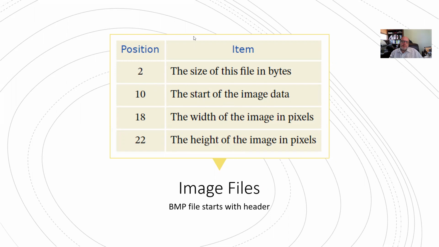So if I think about it as a file in this format, I have my header section, and then I have my data section. My header is right here. I'm going to be reading the data for my header, and then my actual data is going to be right here. So it's going to tell me where my data starts. And of course, the width and the height of my image in pixels. And we're going to talk about the pixels also.